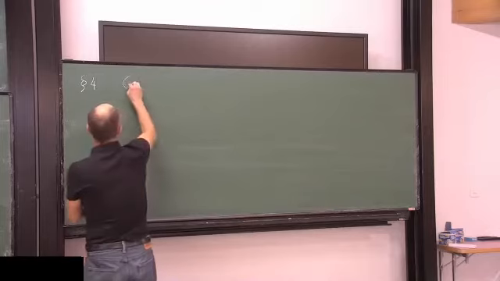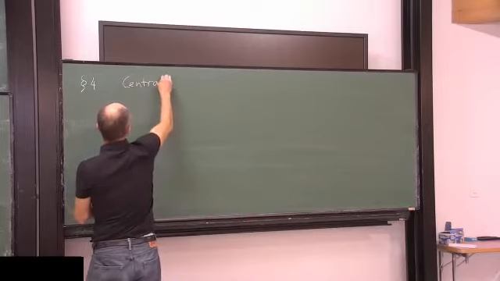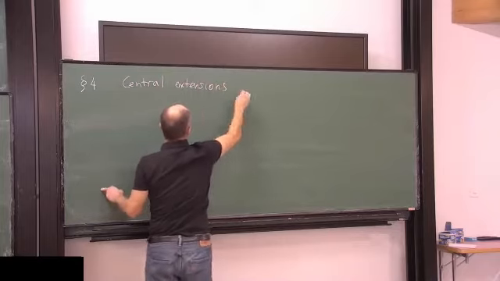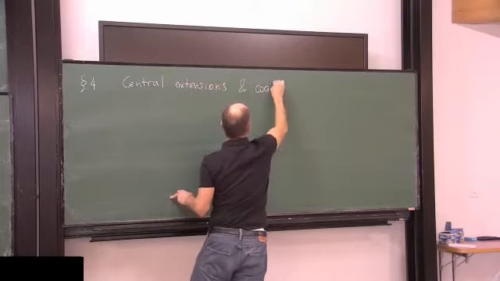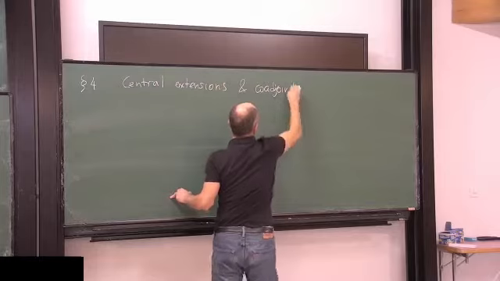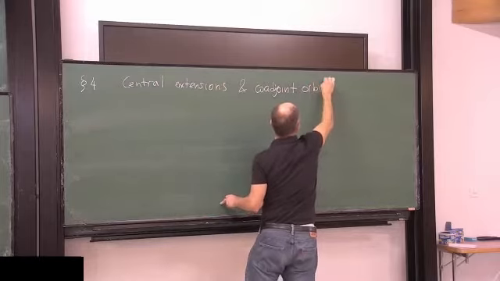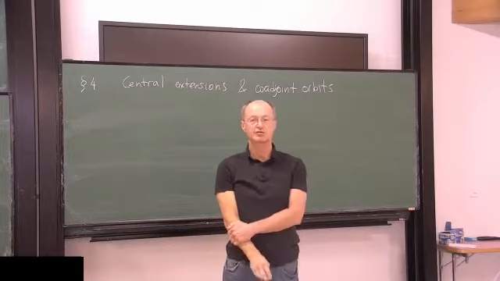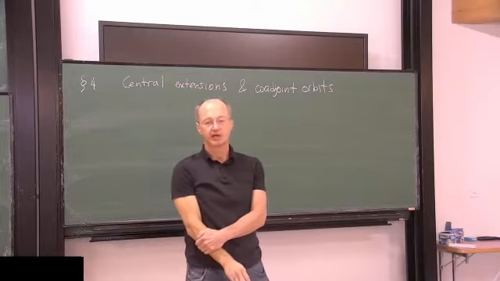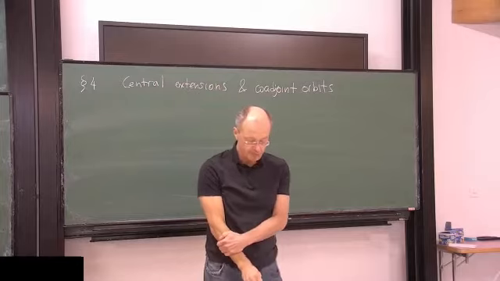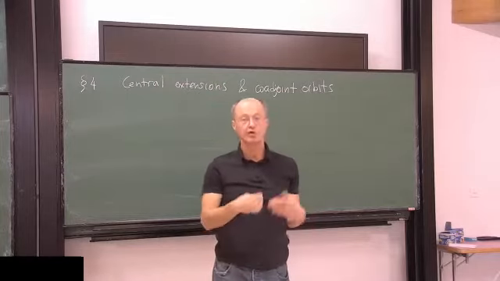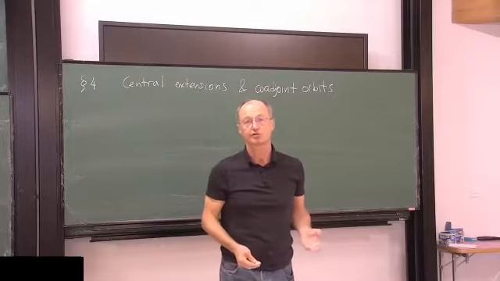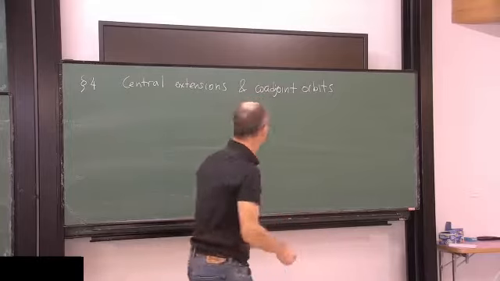It goes under the name of central extensions. Coadjoint orbits. So I'll now specify to some particular case of Lie algebras and Lie groups. And there will be more information about the coadjoint action and on the structure of coadjoint orbits in that case.